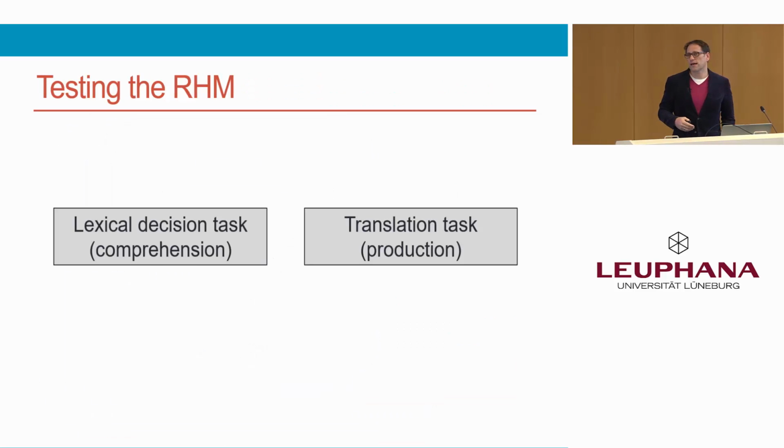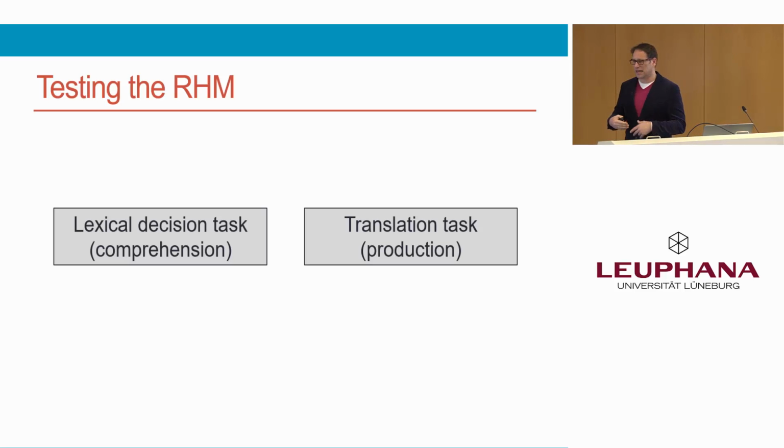Now, how have these been tested in the past? Well, the RHM has been tested predominantly using lexical decision tasks, which we'll look at in a minute, and also translation tasks. Keep in mind that the RHM was originally devised to explain production, only language production, but in the past it's also been used to test comprehension.